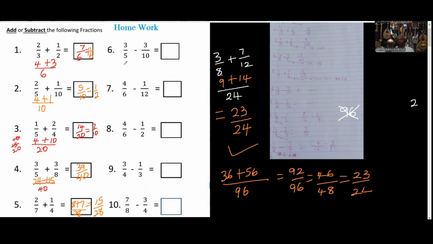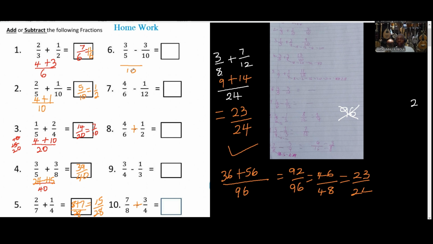So I'm doing one more, which is subtraction. Then I'm going to change some of them to addition for you so that you can have both addition and subtraction, okay? So now let me do this number 6. If it's subtraction, it's still the same method. So the LCM should be 10, yes or no?